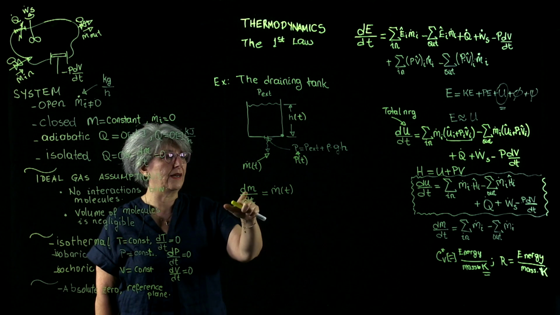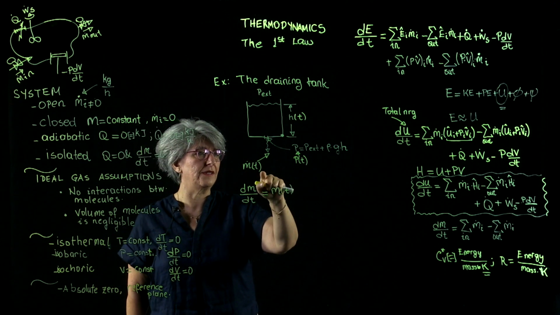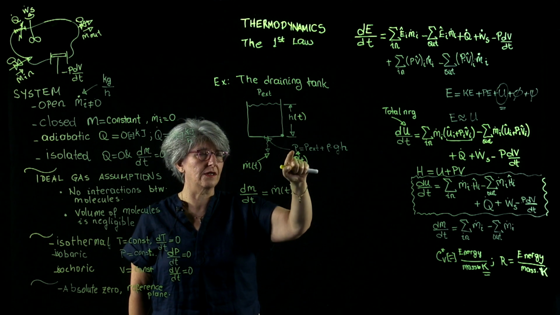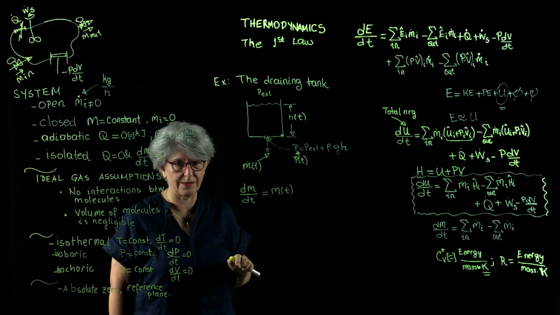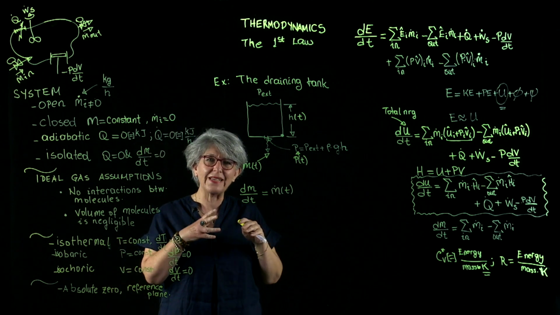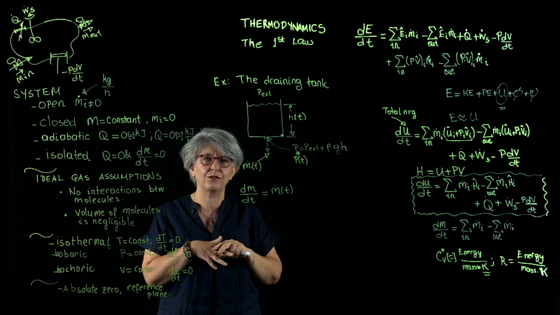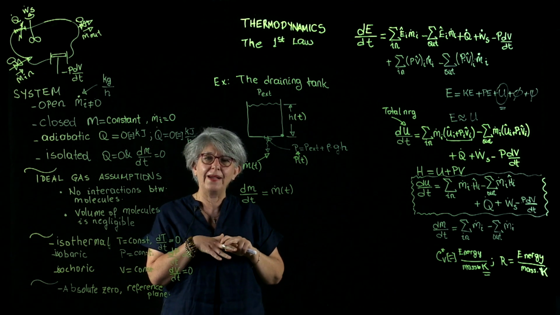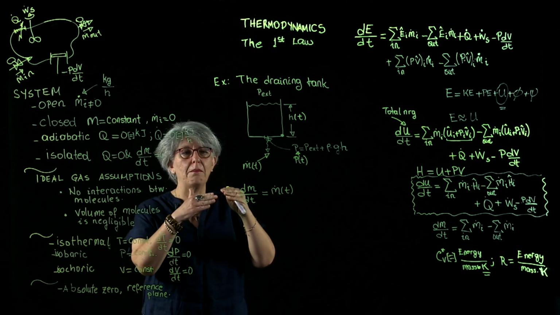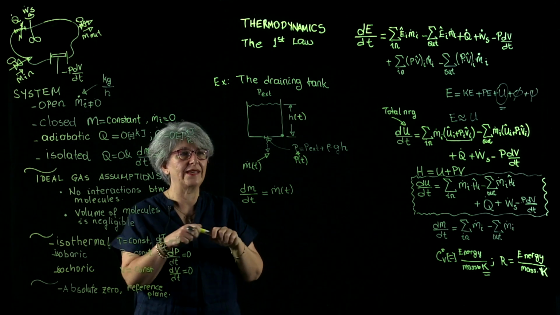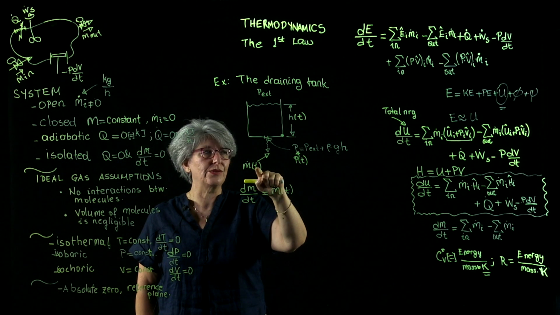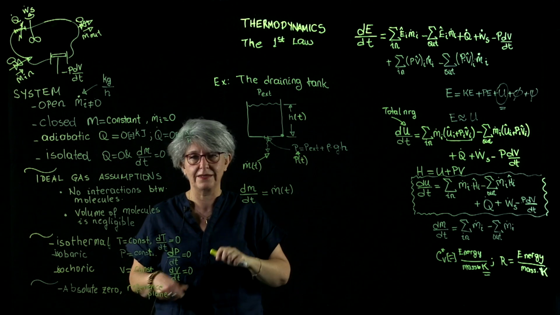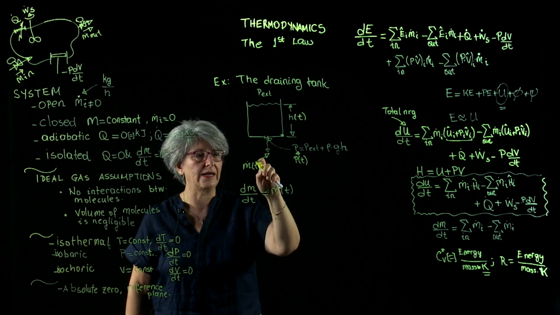Let's see. Now, m dot of t is a function of the pressure. Now, this is a concept that we give you the details in the course of fluid mechanics. At this point, you have to take my word for it that this flow rate is going to depend on the liquid height.